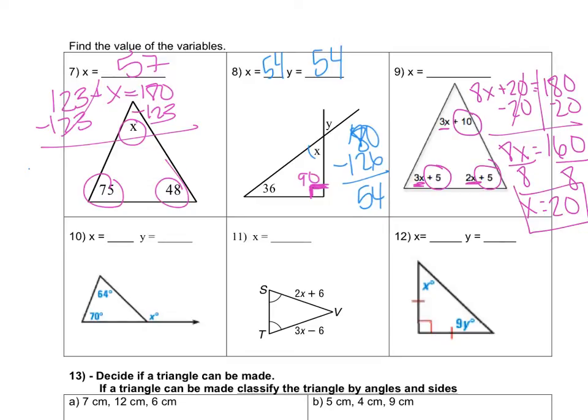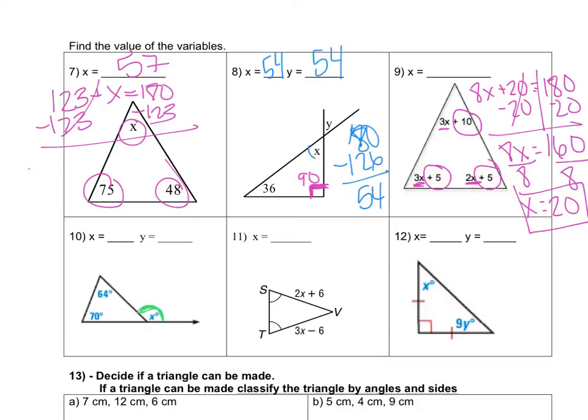Okay, on number 10, this is the exterior angle sum. This question is on your test. To find the exterior angle, remember, you're going to take the two angles that are furthest away from it. So you're taking the two angles that are furthest away from it, 70 and 64. You're first going to add those two up, and that's going to be your answer.